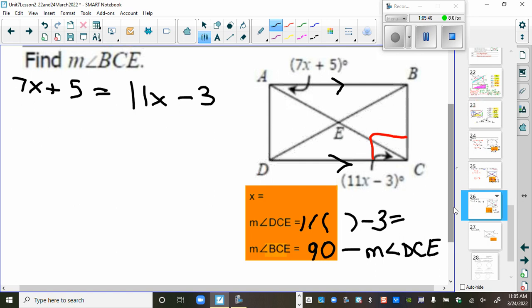Well, no, no. What are you dividing both sides by? Where's your x? What are you supposed to divide both sides by? 4, maybe?